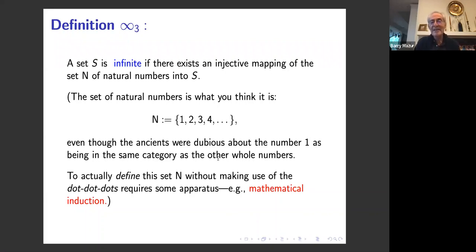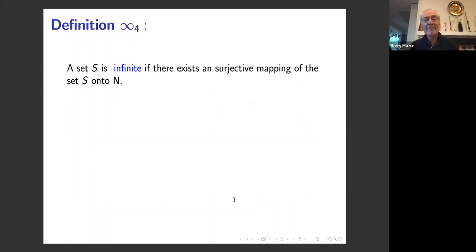As I write here, even though the ancients were dubious about the number 1 as being in the same category as the other whole numbers. But it's important to know that introducing the set of natural numbers into the scene requires a certain amount of serious logical apparatus, mathematical induction, whereas Dedekind's definition is straight there. Okay.